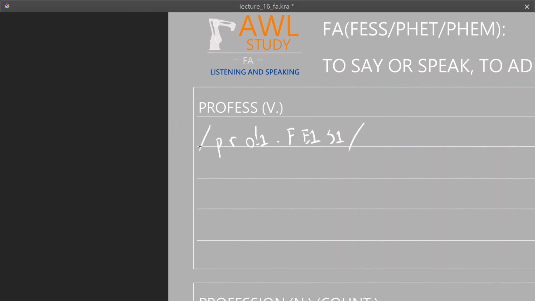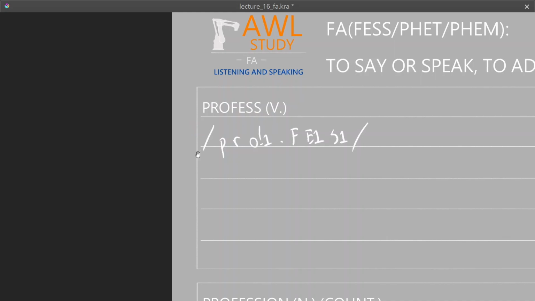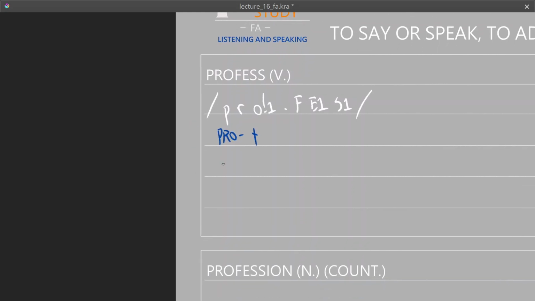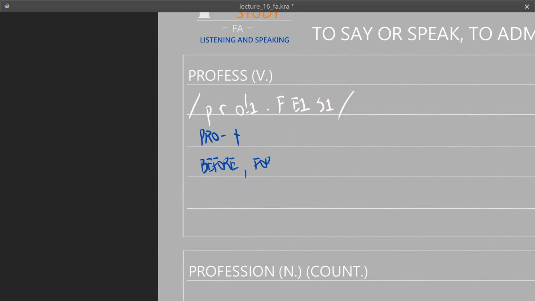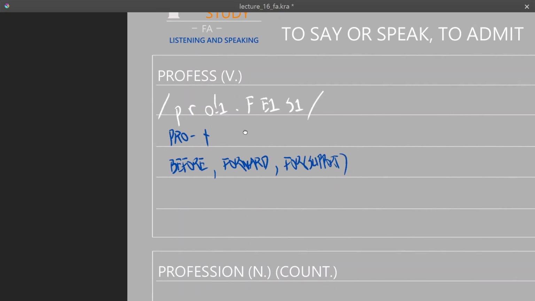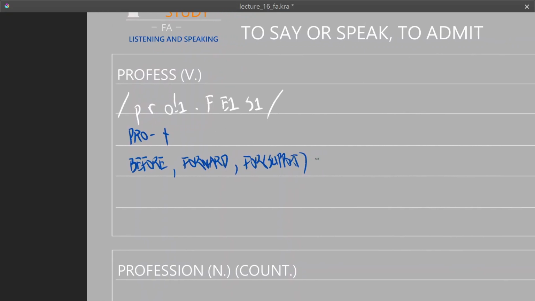And we have the prefix pro, meaning before, forward, or for. That is, to support somebody or something.